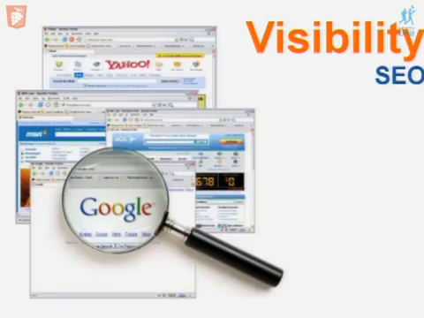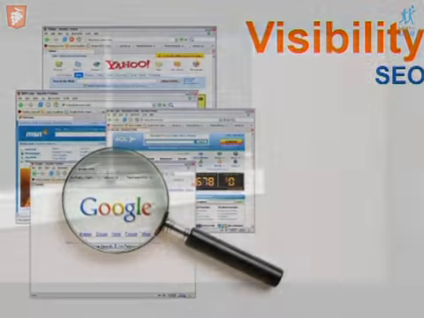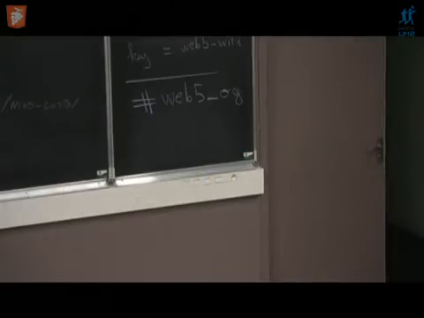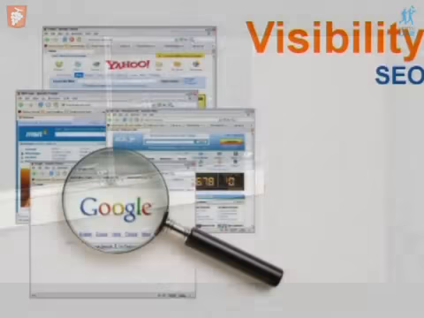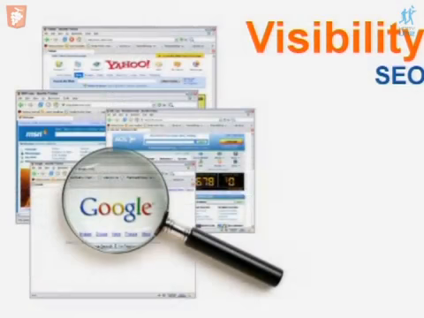A few words about benefits of accessibility before going deep into the subject. First benefit, SEO, visibility, search engine optimization. If your website is accessible, then it is very well indexed by search engines. What is the explanation?